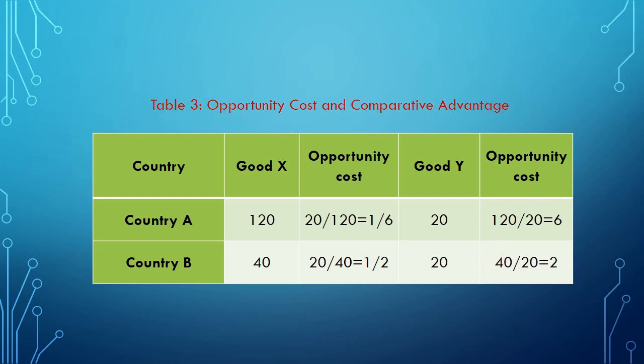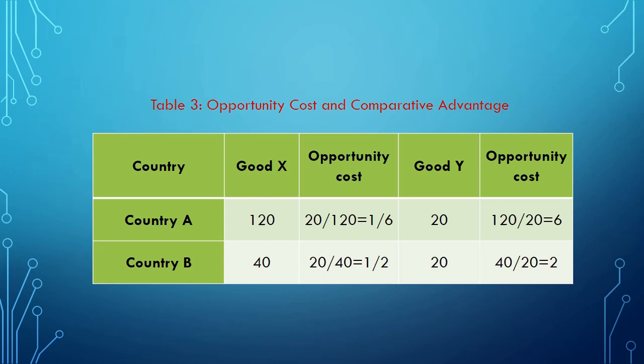So you will get 2. It has to give up 2 to produce 1 unit of good Y. Country A needs to give up 6, because to produce 1 unit of good Y, it needs to give up 6 units of good X.